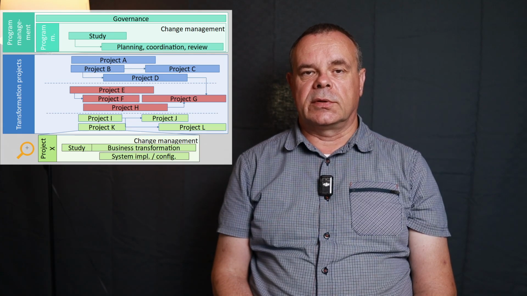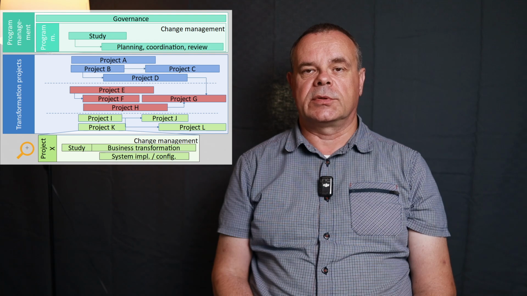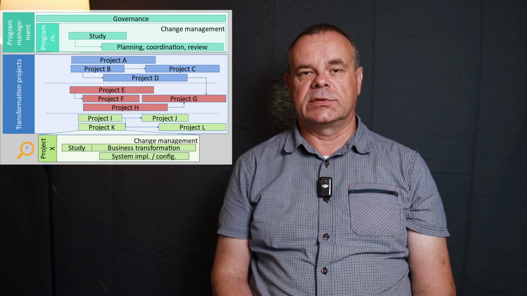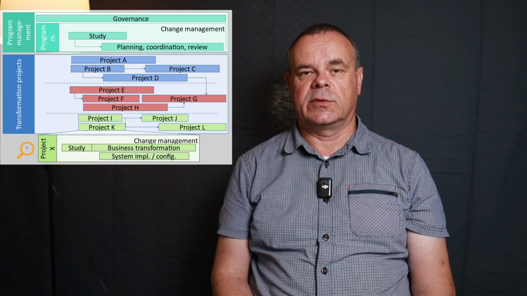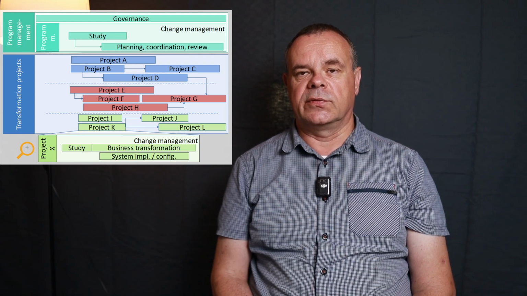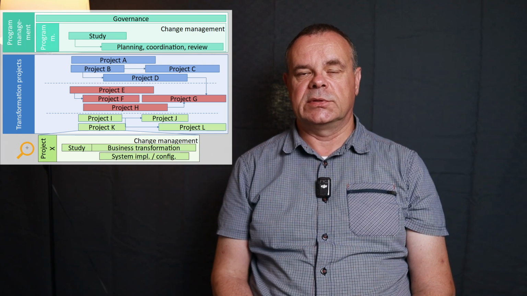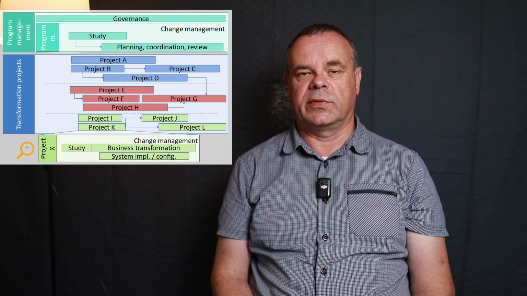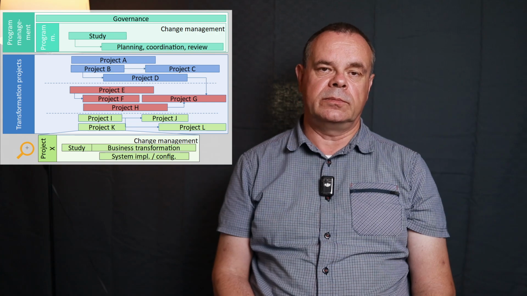The structure of individual transformation projects is also portrayed on the figure. Each project may have a study phase to explore business models and best practices related to the business activity affected. It helps to identify and prioritize business needs and establish an understanding of these models before system selection.